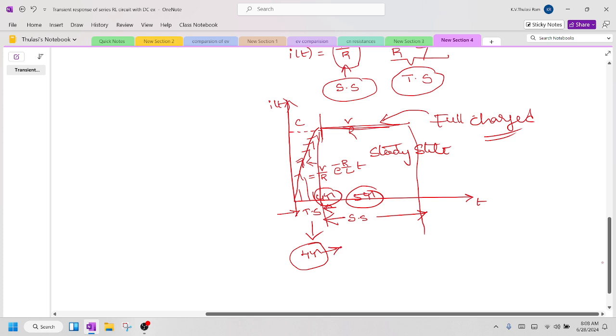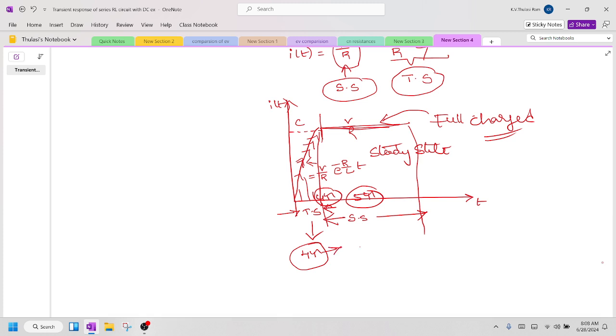I already told you for how much time the transient is present: it is present for a very short time. 4 into 1 second, then you are going to get 4 seconds. Just understand: whenever you turn on an RL network or a fan or induction motor, the transients are present only for 4 seconds.